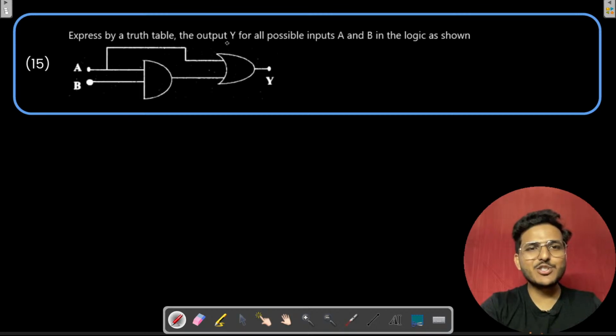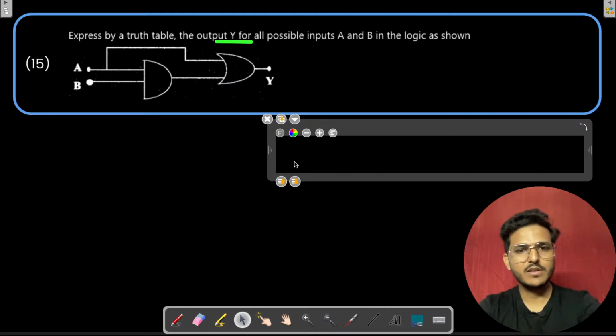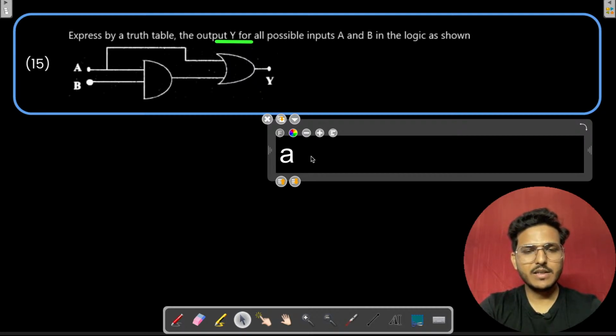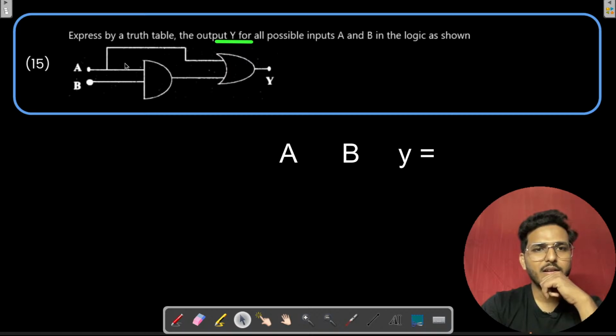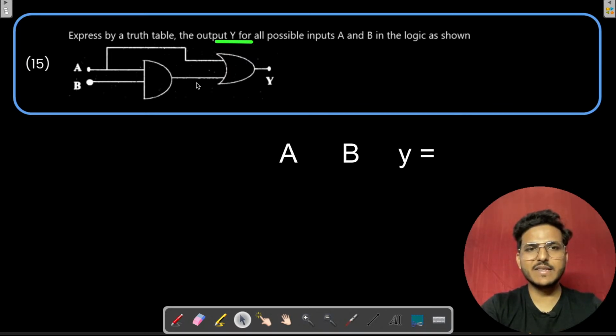Express the truth table of output Y for all possible inputs A and B. If you are planning for the inputs A and B, here is A, putting here B, and what is Y? This is A, B, and this is an AND gate.